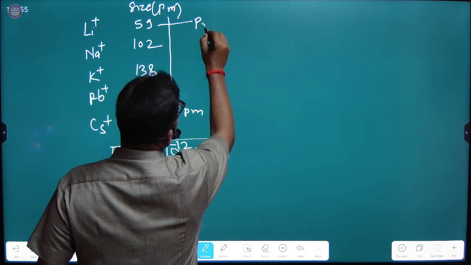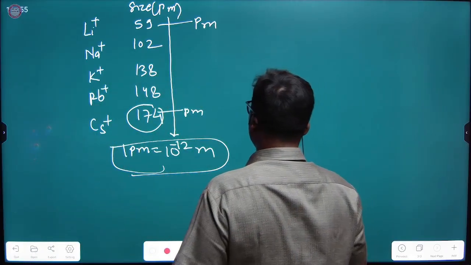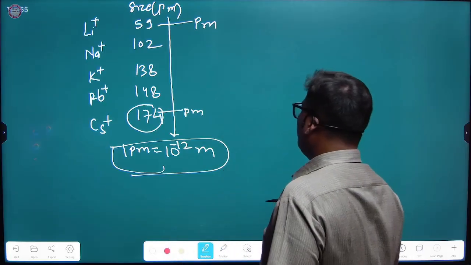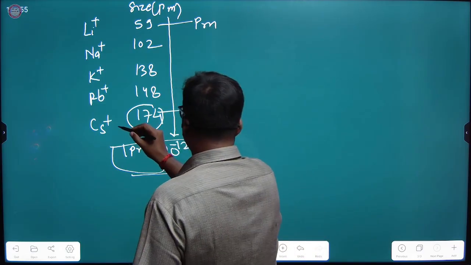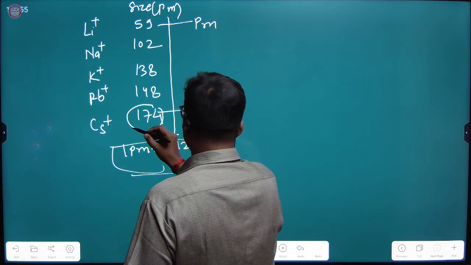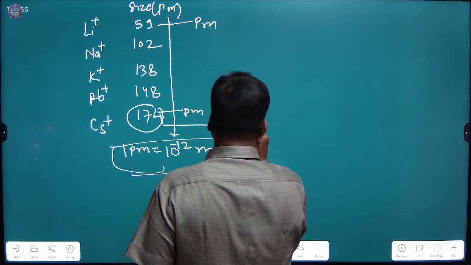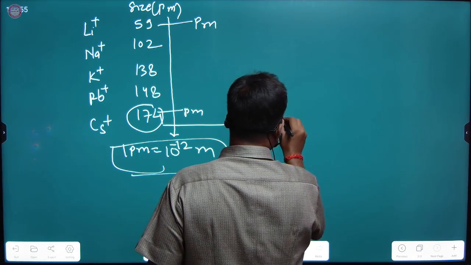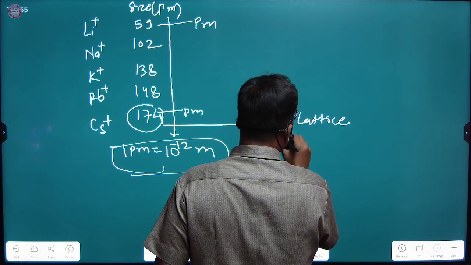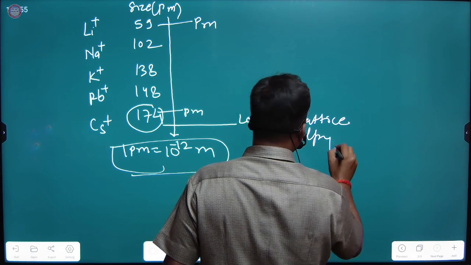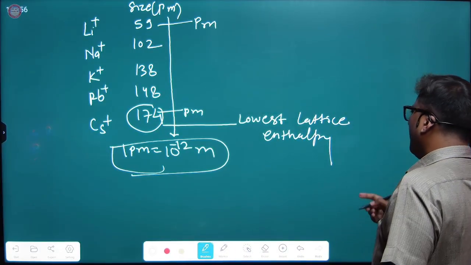What can you expect about lattice enthalpy? As the inter-ionic distance increases, Cs plus, when it forms any compound, has the lowest lattice enthalpy because it creates a larger inter-ionic distance.